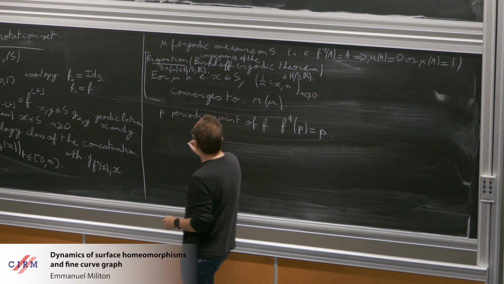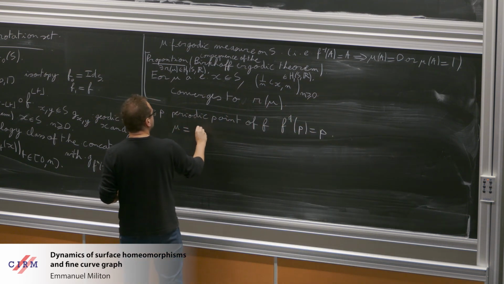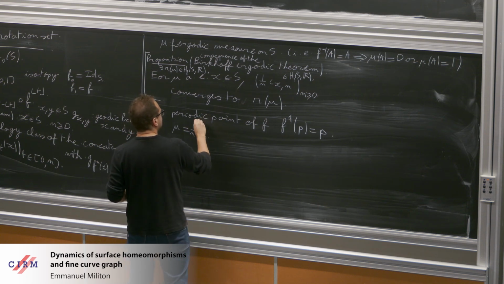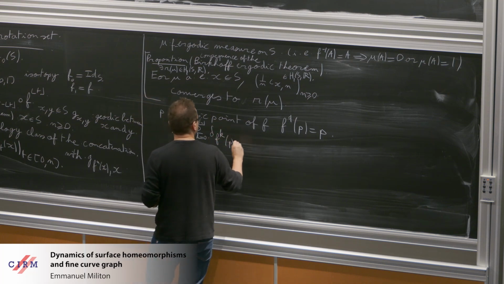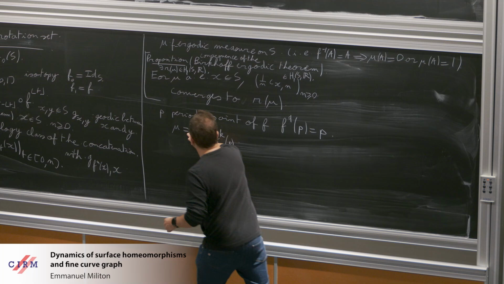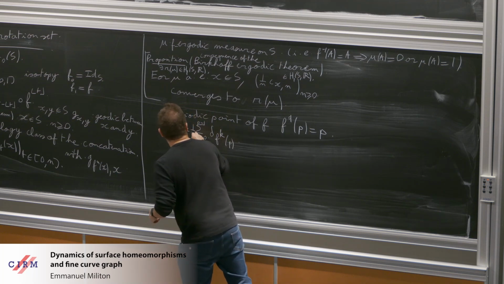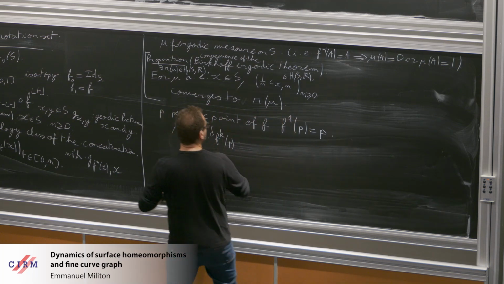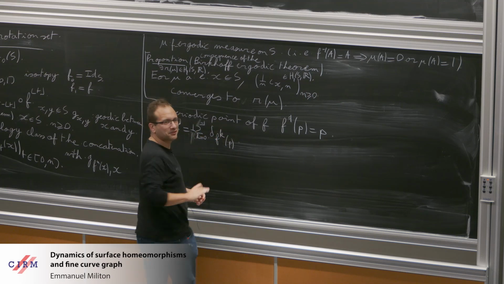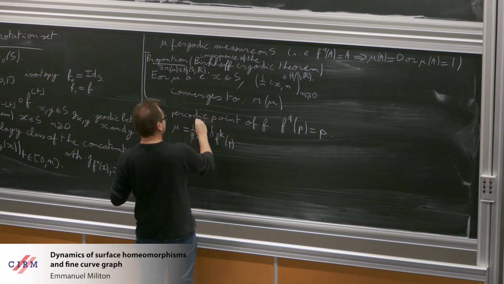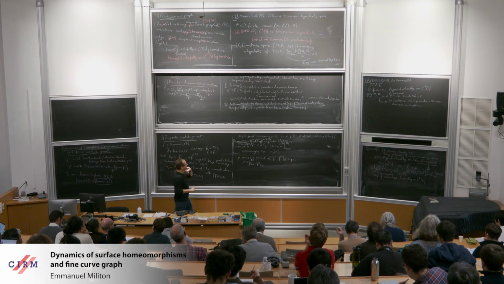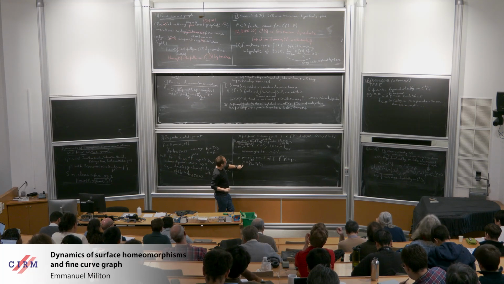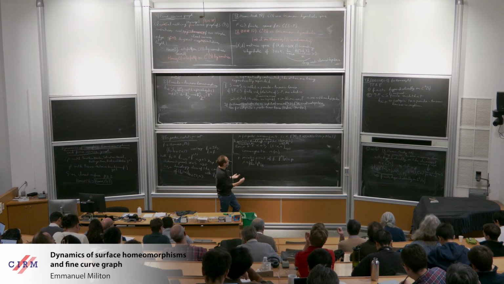Then you have an ergodic measure which is just the average of the Dirac masses along the orbit: 1 over q times this sum is an ergodic measure.